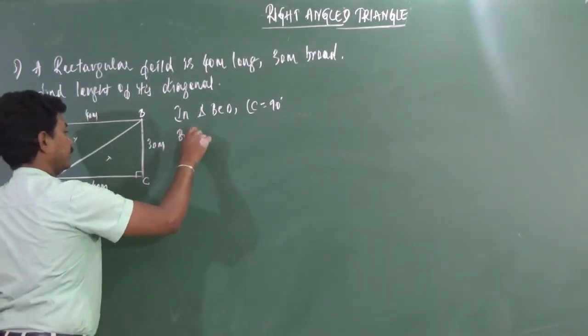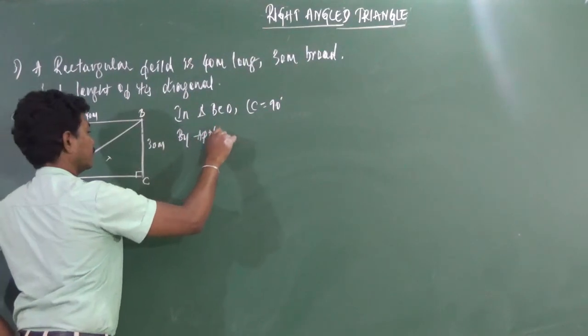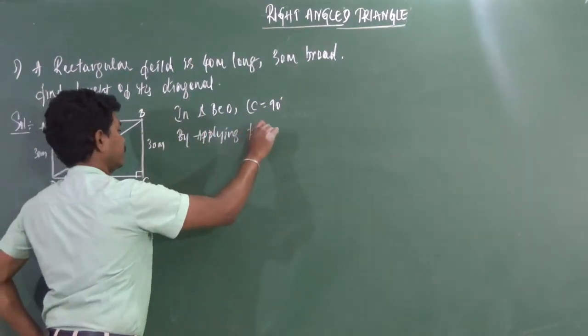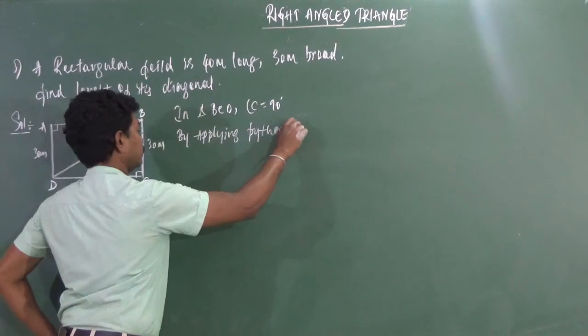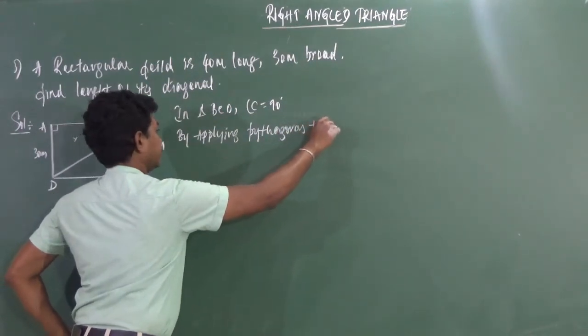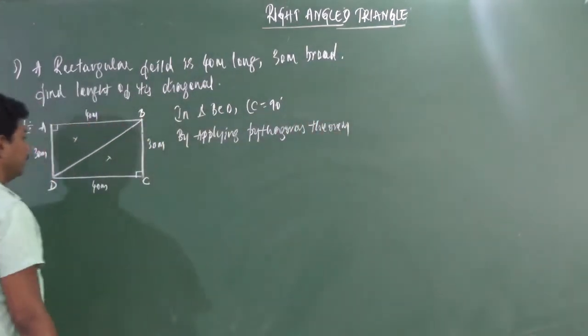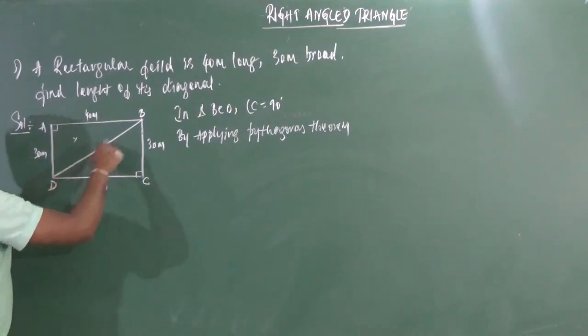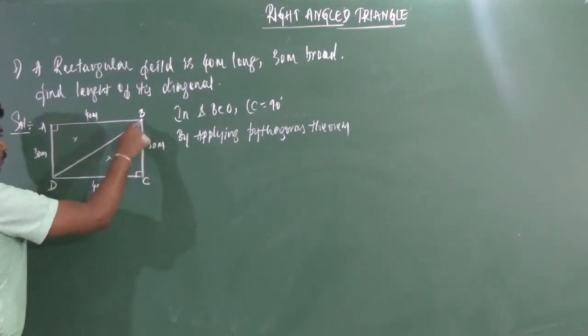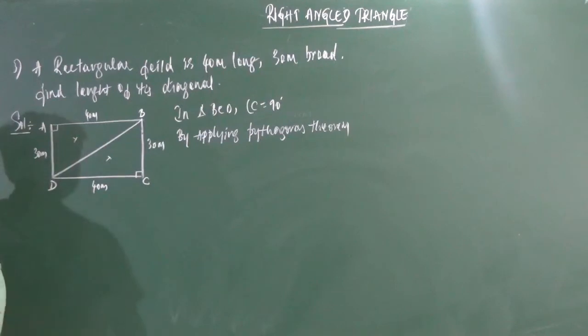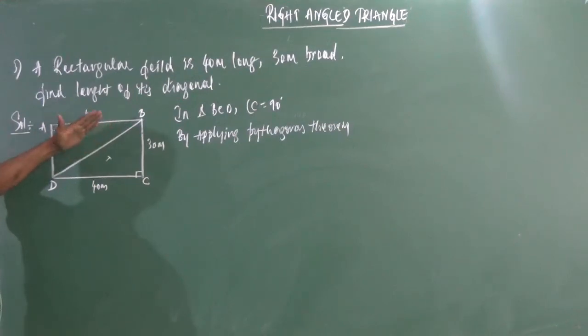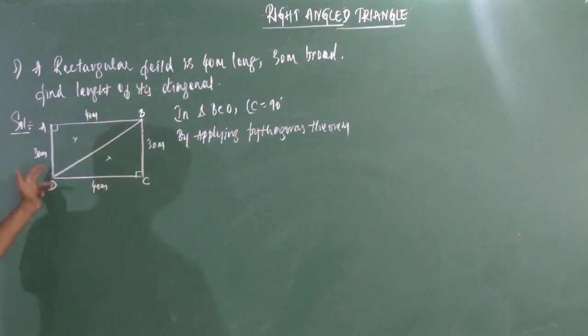So by applying Pythagoras theorem, very simple, because in this triangle BCD, we know the length of two sides, and we have to find the length of the other side, that is the hypotenuse. If you find the length of the hypotenuse, you are finding the length of the diagonal of this rectangle.